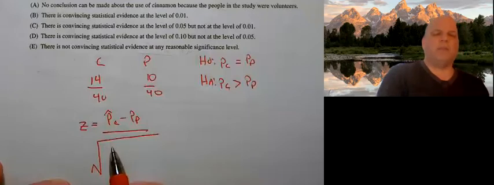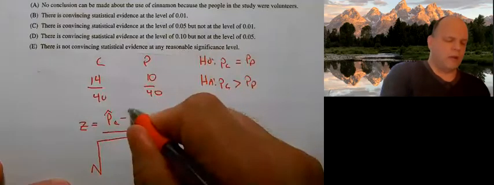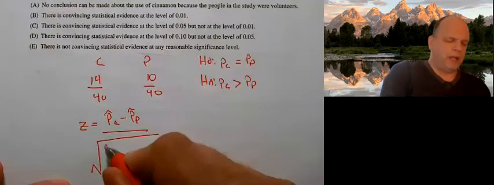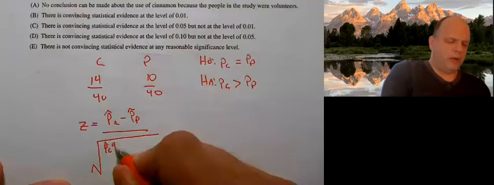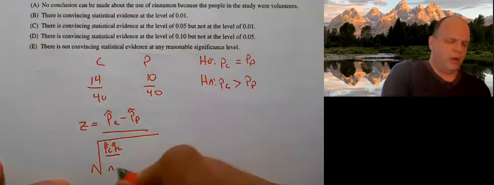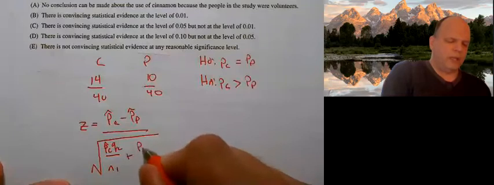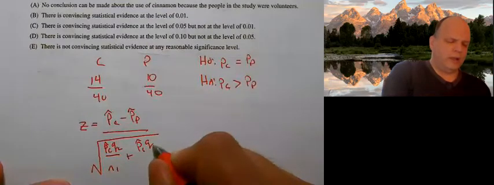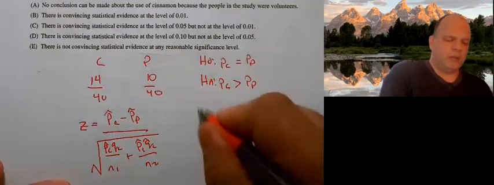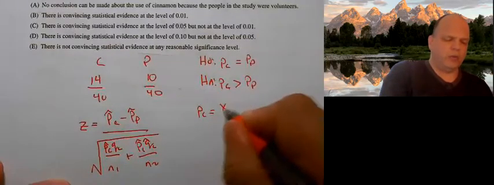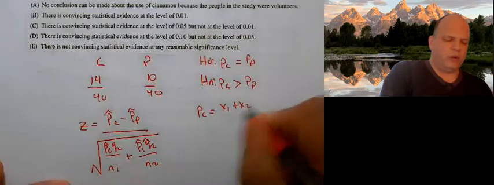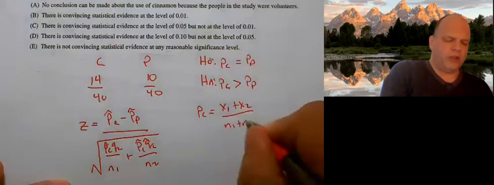Now we need to be very careful here. This is going to be P combined, Q combined over N1 plus P combined, Q combined over N2. And remember, P combined equals X1 plus X2 over N1 plus N2.